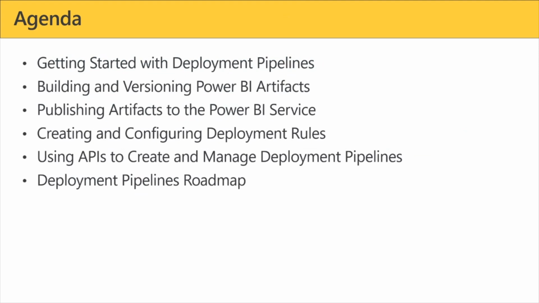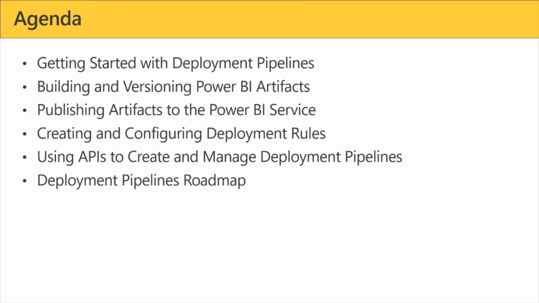So what we want to do is get started with what is meant by a deployment pipeline. And before that, we're going to start with a quick introduction, getting our foundation on what we mean by DevOps and continuous integration and continuous deployment.